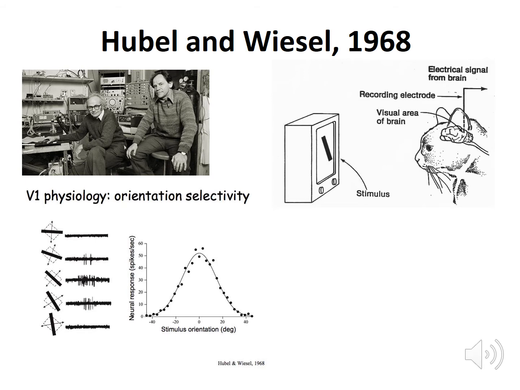They also figured out that not every line is triggering a response in every neuron, but neurons are tuned according to the orientation of the lines. As you can see here, you have a stimulus orientation in this graph at the lower left. You have stimulus orientation in degrees on the x-axis, and you have a spike response on the y-axis.